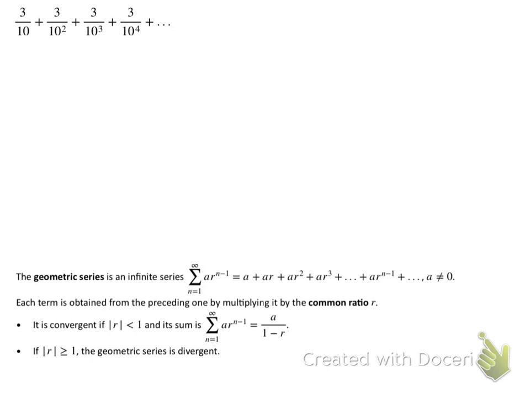The first n terms, we already had a_n equals 3 over 10 to the nth power, right? So our first n terms would be 3 over 10 for n equals 1, 3 over 10 squared for n equals 2, all the way to 3 over 10 to the nth power for n.